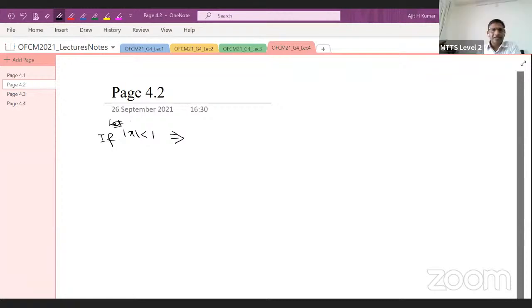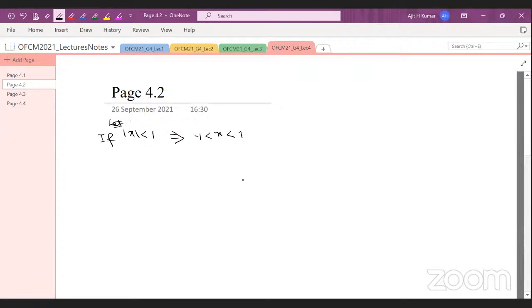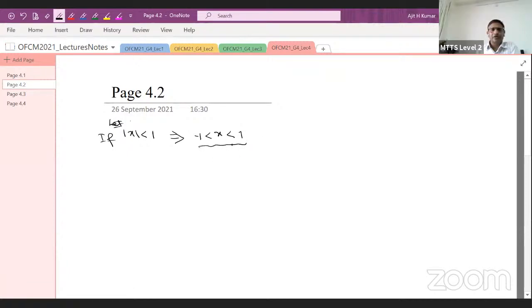Okay, so you are saying x lies between -1 and 1, right? This is equivalent to saying that x lies in the interval -1 to 1.